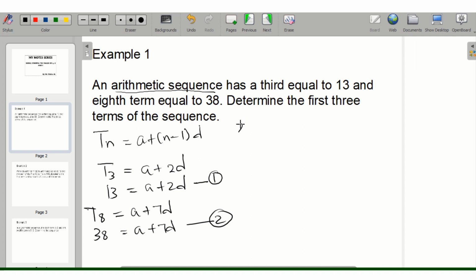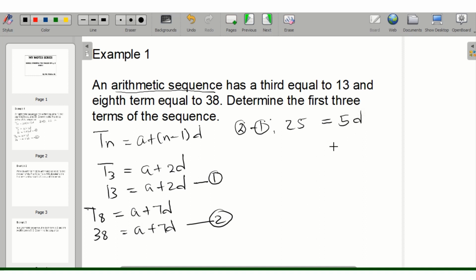Now we can say equation 2 minus equation 1. So that would be 38 minus 13, which gives us 25 equals 2. a minus a is 0, 7d minus 2d is 5d.